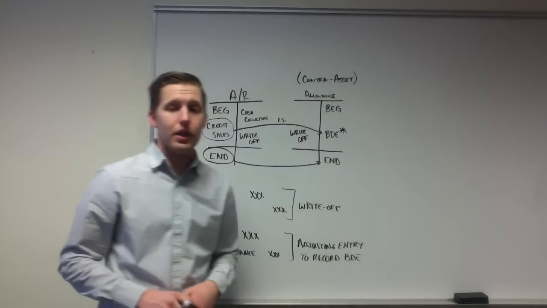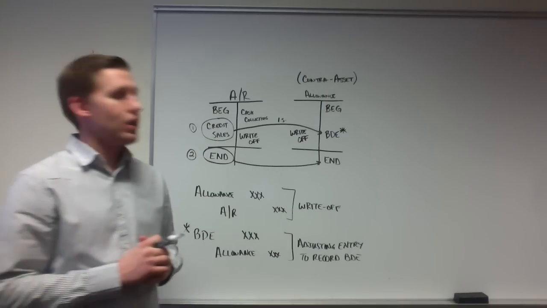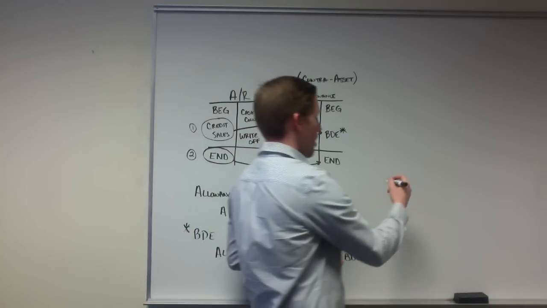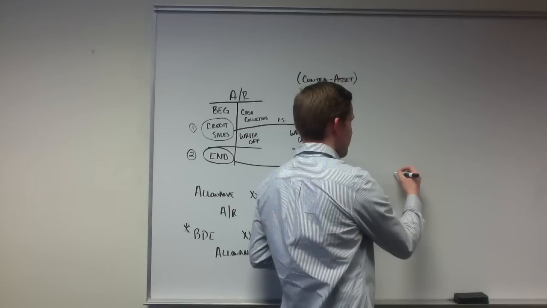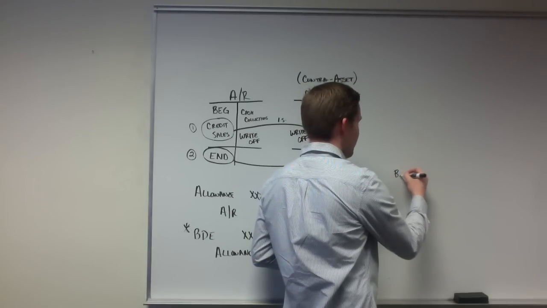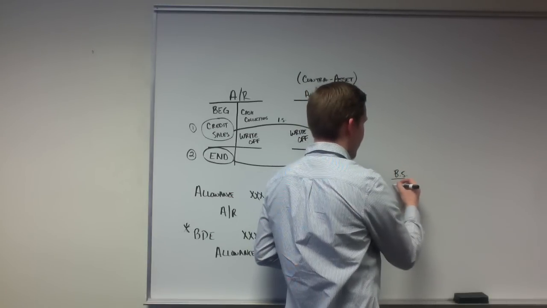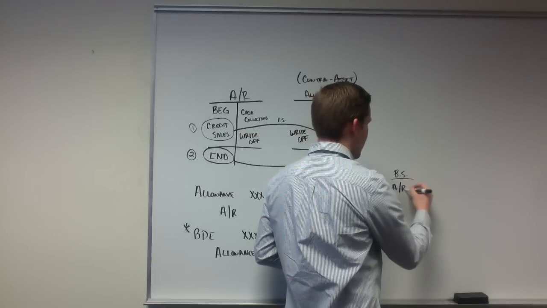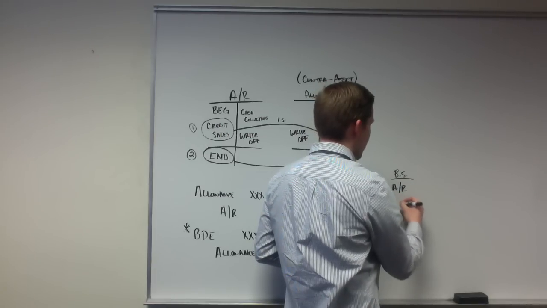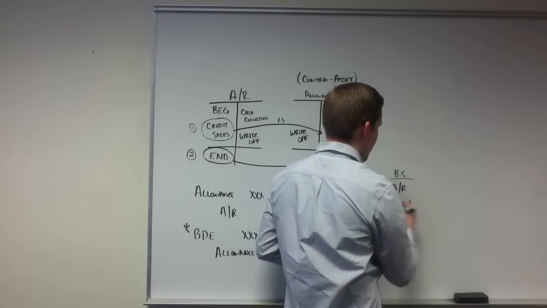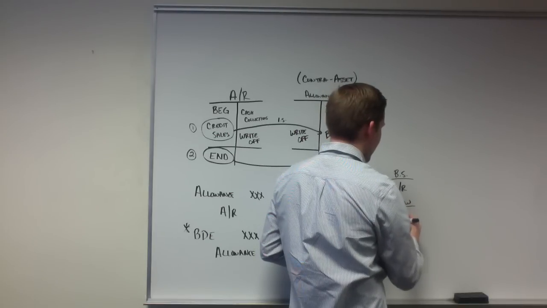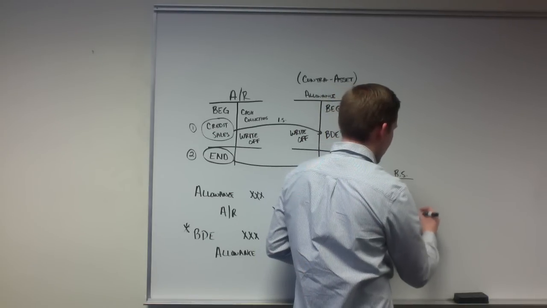The last thing I'm going to explain here is write-offs. So if we go back to our example of the balance sheet, we have accounts receivable, we have allowance, and when we subtract that, we get net accounts receivable.